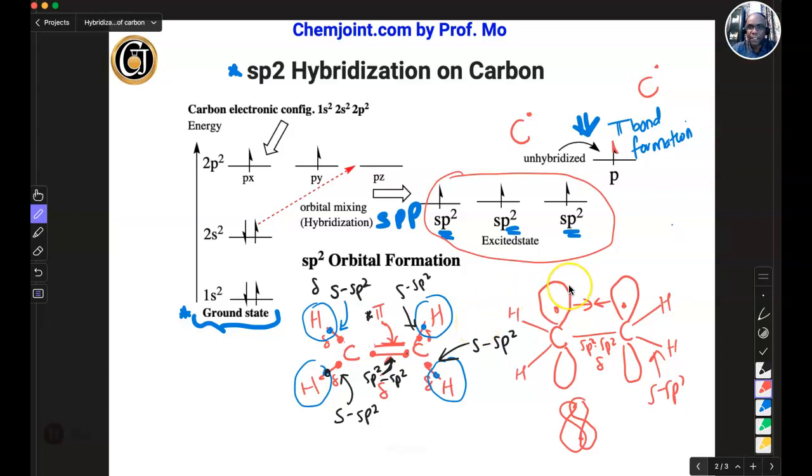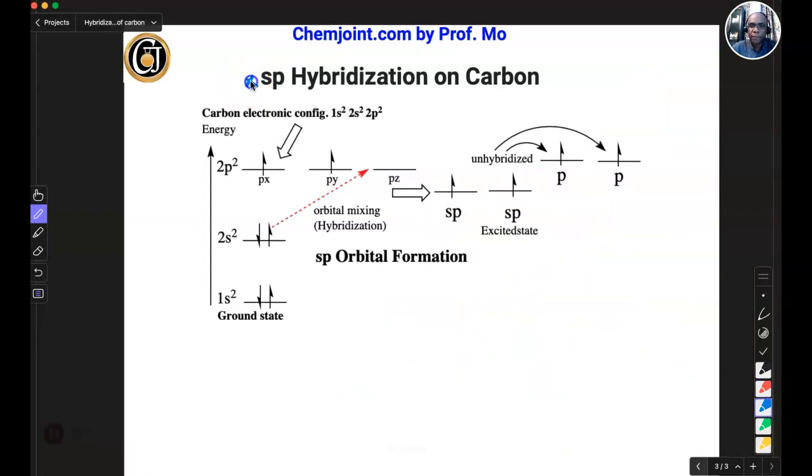Let's discuss sp hybridization on carbon. We're still going to promote an electron upstairs, but only one of those p's will participate in hybridization. So you'll get sp, then you're left with 2 unhybridized p orbitals that are going to take part in formation of 2 pi bonds in the case of making a triple bond.